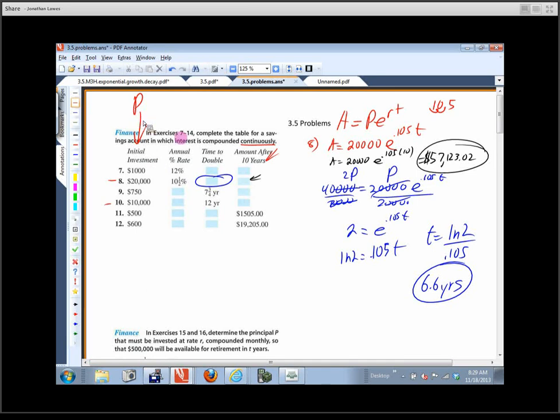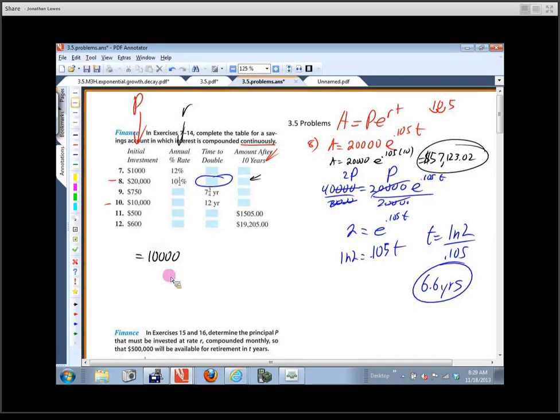Okay, if this is P and this is R, if they give us those two things, we've got the formula. They gave us P. Did they give us R? Nope, so we don't have the formula, do we? Do I have enough information that I can figure it out? Yes, I do. Okay, so here's what I do. I put $10,000 in there to begin with, so that's going to be the initial amount.